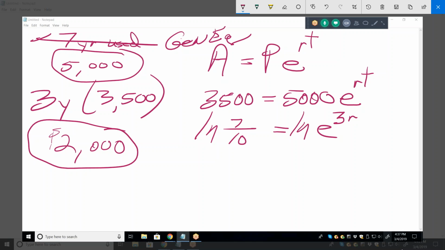So what's the next line? I know that the e changes. Hold on, let's do this one step at a time. What are we going to do over here?